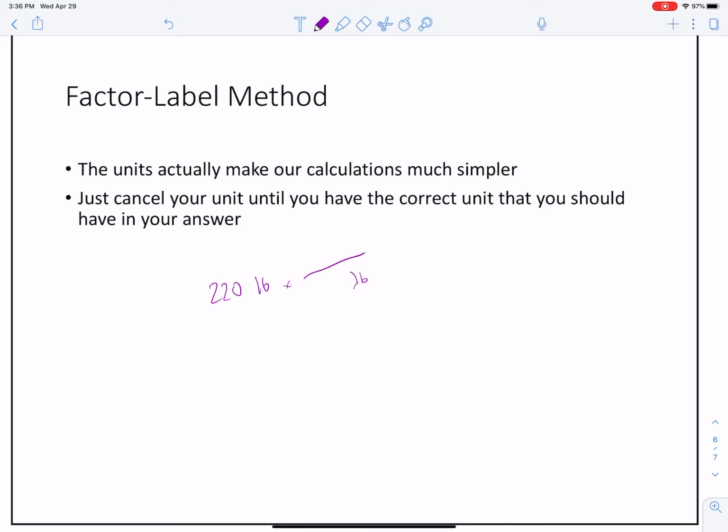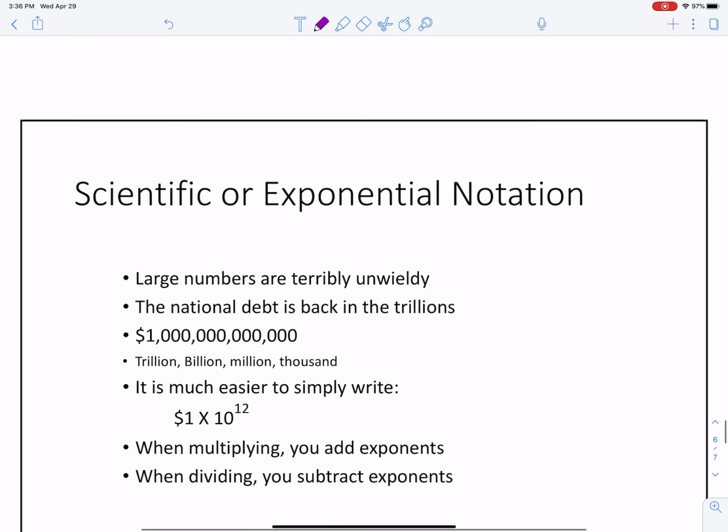Remember, you're putting the pounds in the denominator, so you get rid of it in the numerator. Converting it to kilograms, we know 1 kilogram is 2.2 pounds, which gives us 100 kilograms. This is that factor label method that we already talked about. This is pretty important. It's very, very useful.